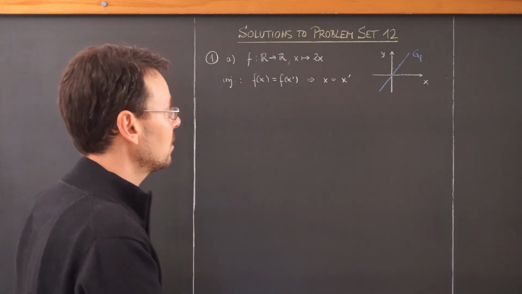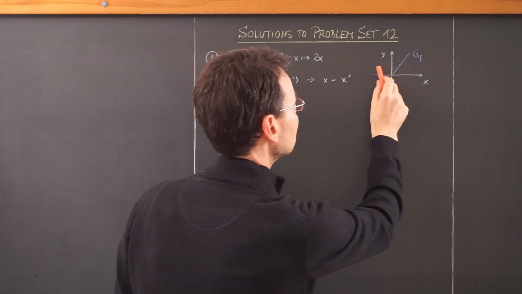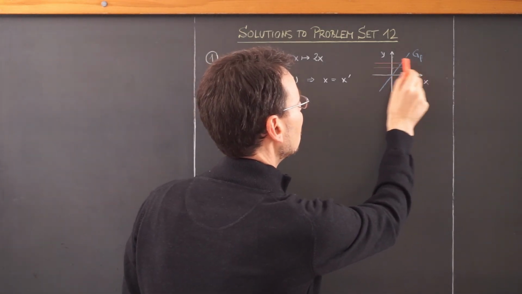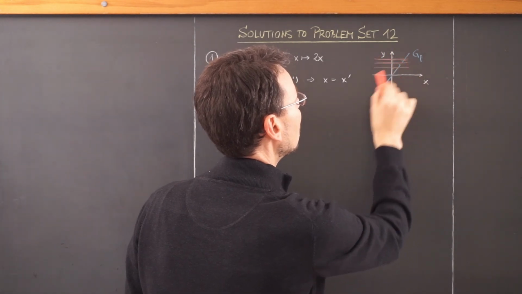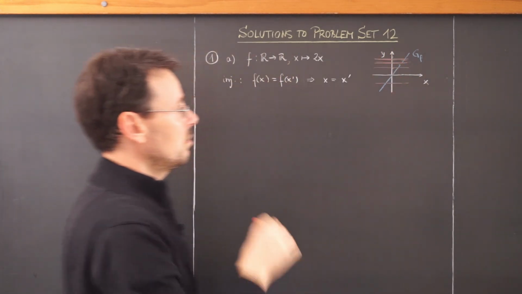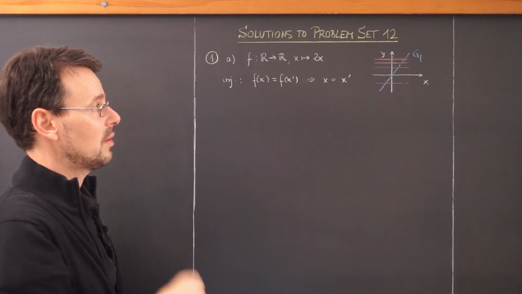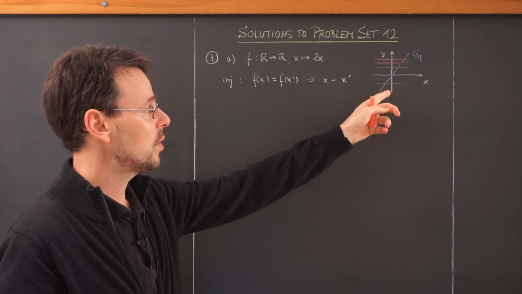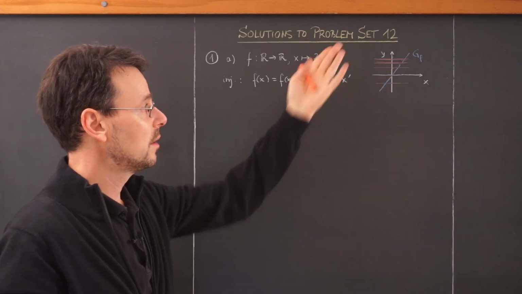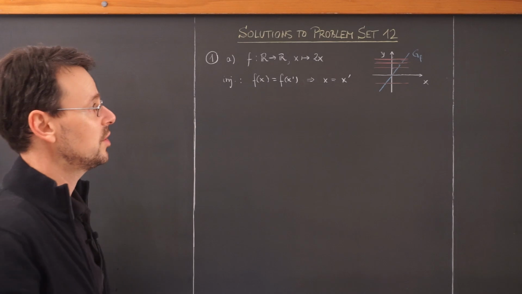Or another way to visualize it is you imagine lines parallel to the x-axis, and if they intersect the graph at most once, then the function is injective.